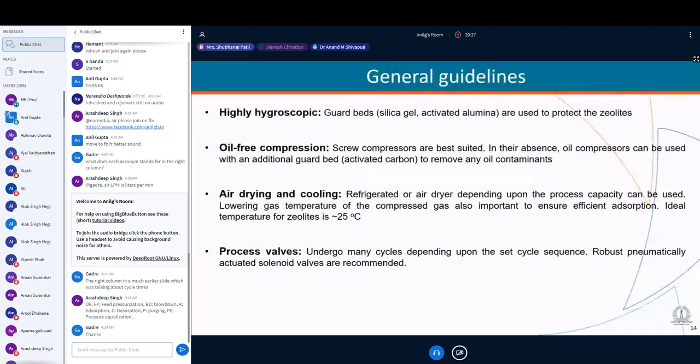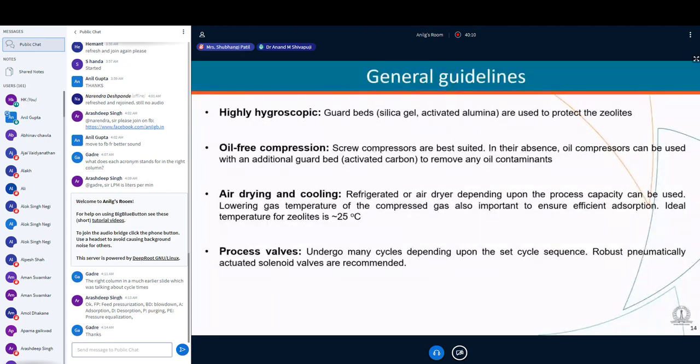The moment the bed material absorbs the moisture, it will almost completely lose its ability to absorb nitrogen. So that's where a very big challenge comes in. We need to ensure that there is sufficient alumina or any other material which will absorb all the moisture, eliminating it before the air is allowed to interact with the bed material.